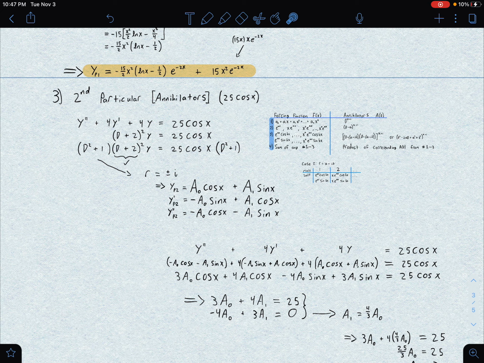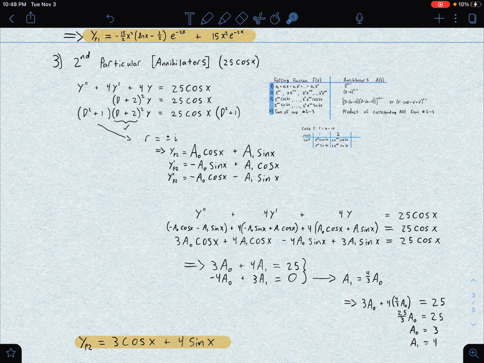Now notice that we have a cosine x over here. In fact, we have 25 of them, which means when we add our cosine x terms, it should come out to 25 cosine x. Or in other words, 3a naught plus 4a1 should equal 25. And since we have no sine x's over here, that means negative 4a naught plus 3a1 should equal 0. Now we have a system of equations we can solve.